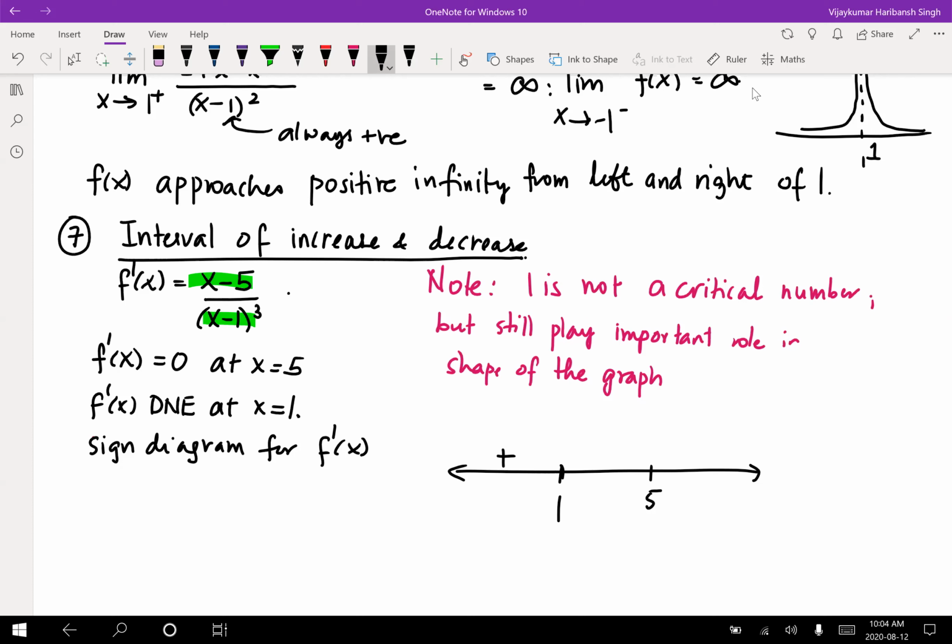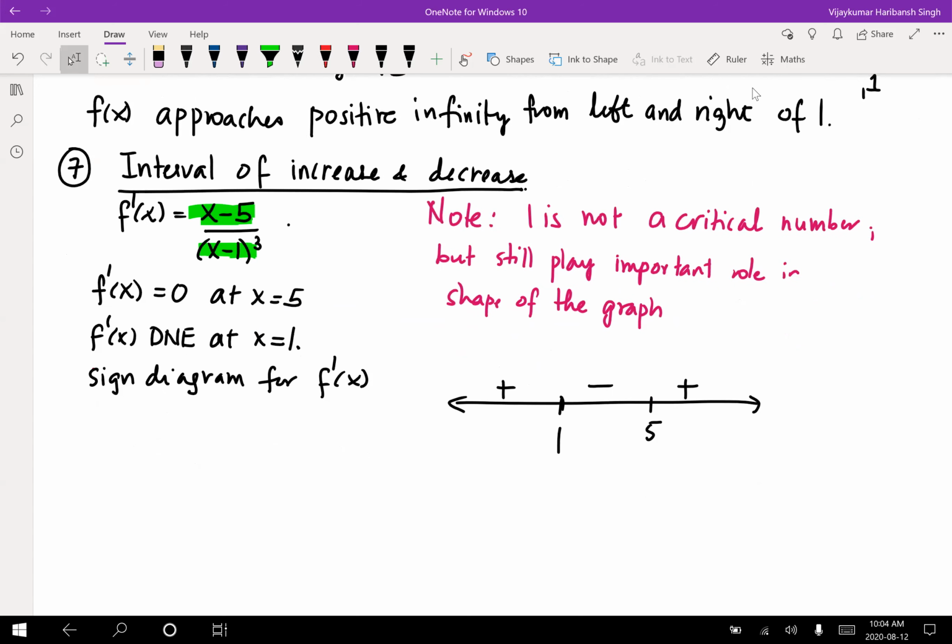So when you put 2, you will see that the numerator is negative, but the denominator is positive. So here you will have negative. Similarly, let's take 6 in this interval here. So when you take 6, numerator is positive, denominator is positive. So here it's positive.